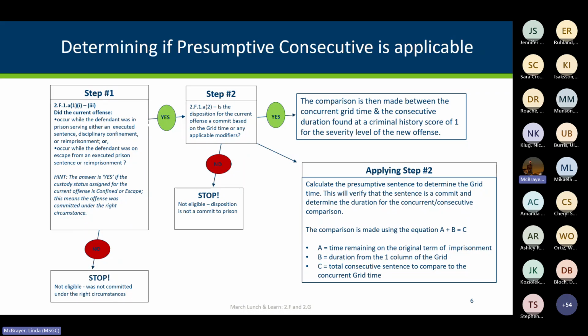Here we find it at the criminal history score of 1, and we do this calculation that I've come up with. It's a bit of an algebra equation. So when you told your teacher that you would never use algebra in real life, I think this might be it, but again, it might just be addition, which is also confounding to me sometimes.